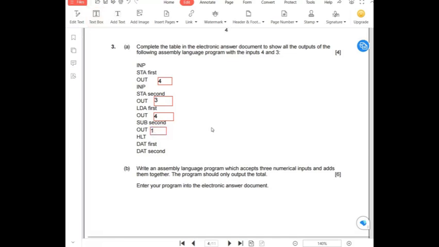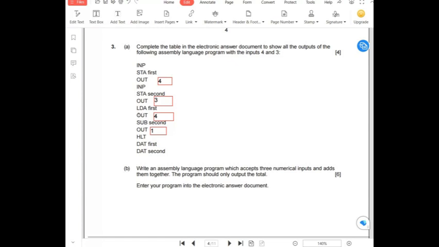Okay? So if you literally think in that term, have a logical way of looking at it, look at the code, understand what the code is asking for, what the code is about, and then dry run it. So we've got 4, which is our first number, which we've inputted and stored. And then we've inputted 3, stored 3, outputted 3.